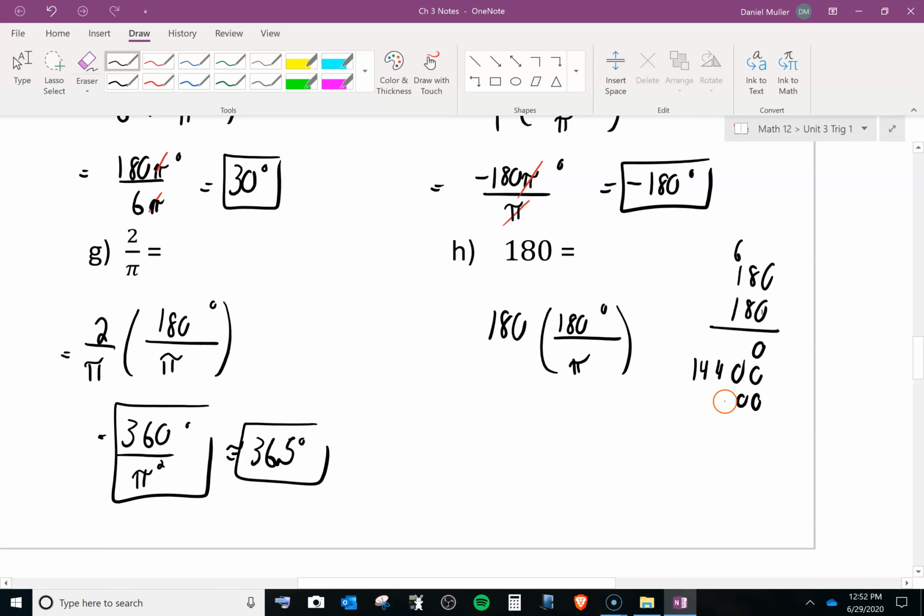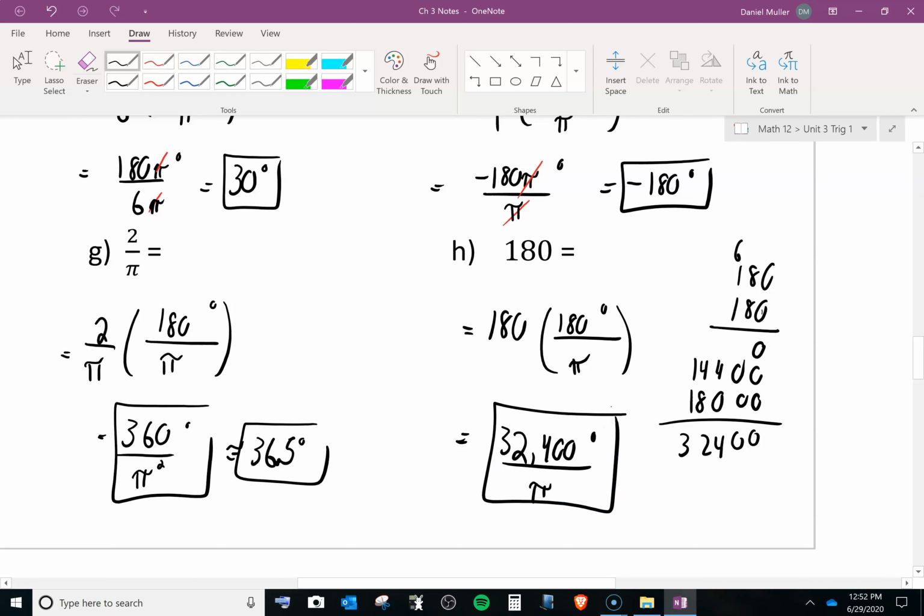And then with the ones, so I get a 0, 8, 1. So 0, 0, 4, 12, 3. I guess we'll just double check that. Yeah, 32,400, okay. So that is 32,400 degrees over pi. So 32,400 over pi degrees. That's so weird.